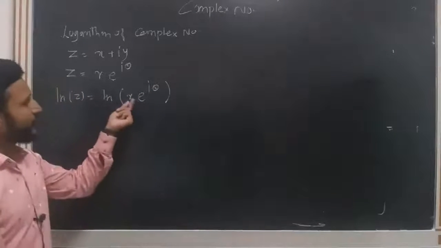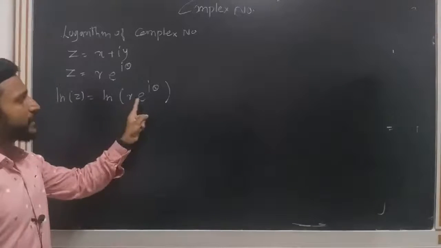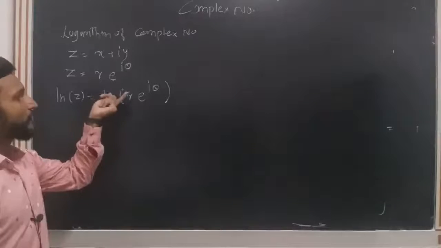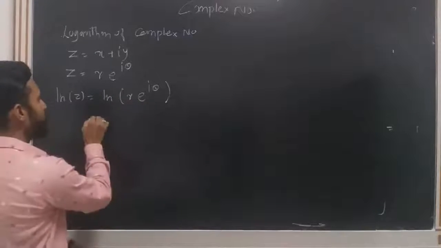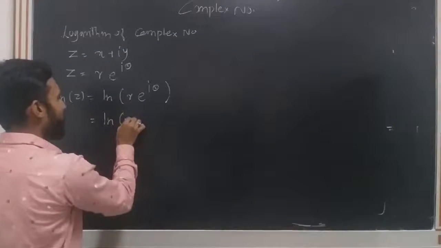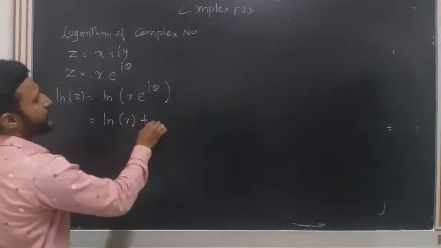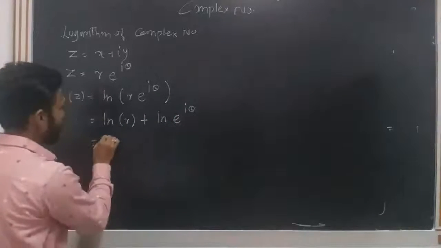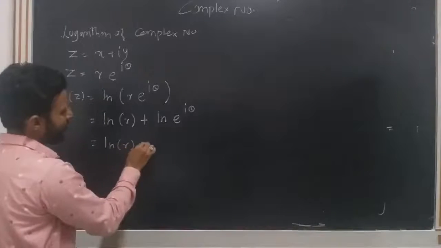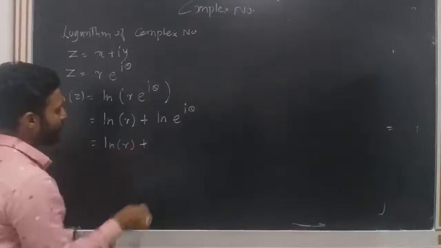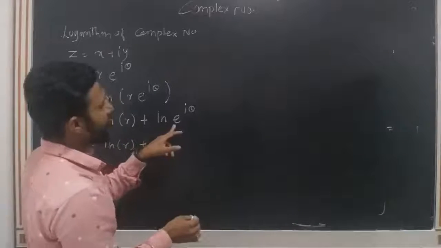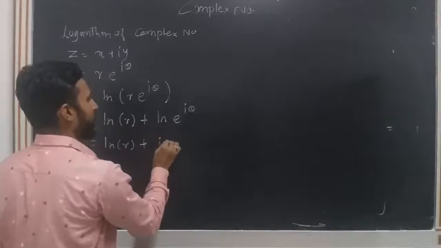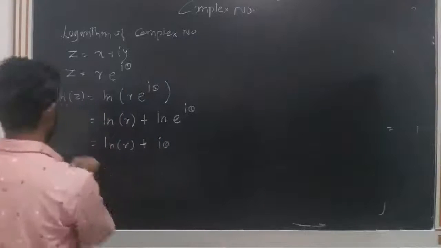Now we know that there is a multiplication between r and e raised to I theta. These two terms are multiplied. Then the condition for log of multiplication of two terms is ln of r, we can separate out, plus ln of e raised to I theta. So ln of r as it is, you can find out the log of any value in integer, and ln of e raised to I theta, we can write e raised to I theta only.